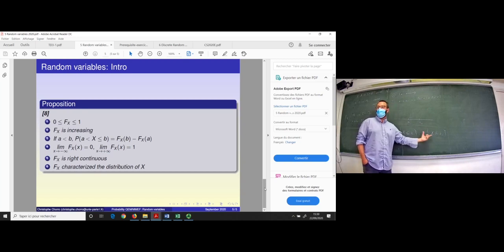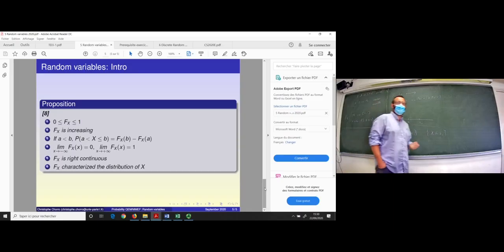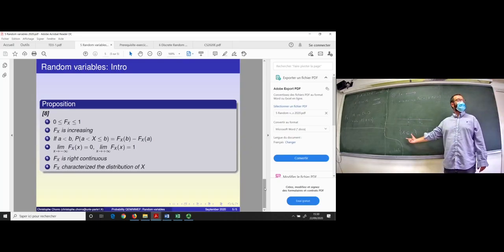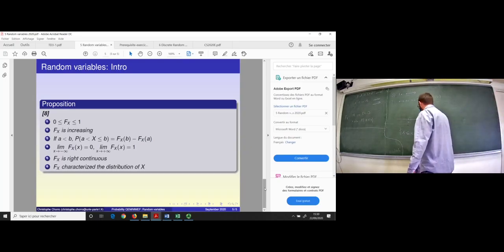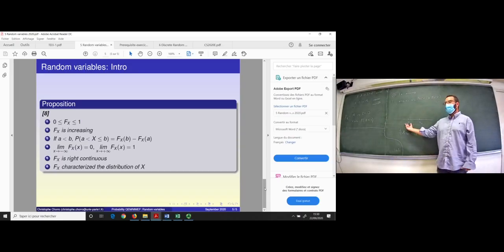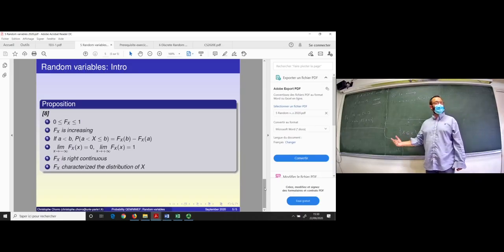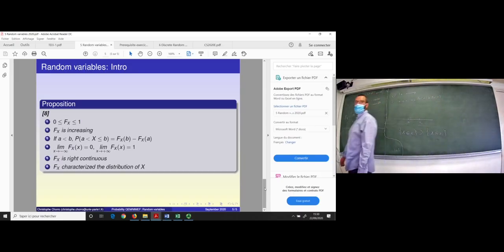One is smaller than the other in the sense of inclusion. Which one? This one is included in this one, of course. Why? Because if x is less than x2, it is less than x1. So x less than x2 implies x less than x1.